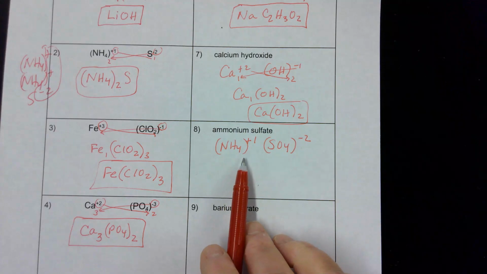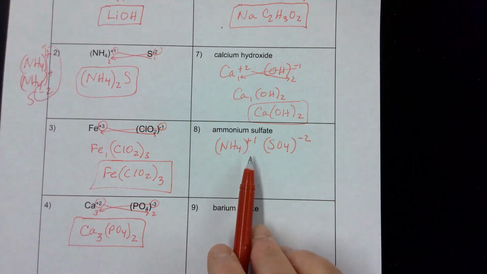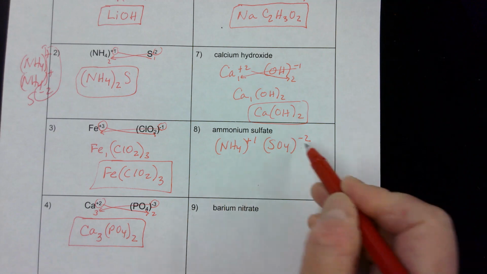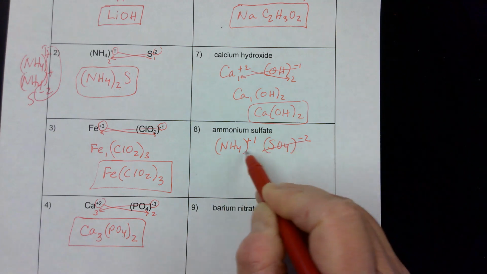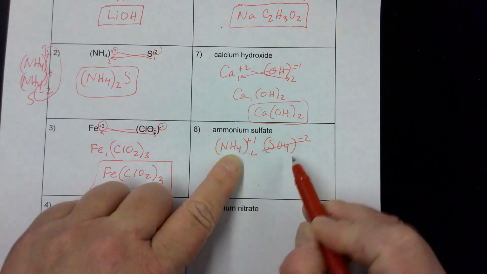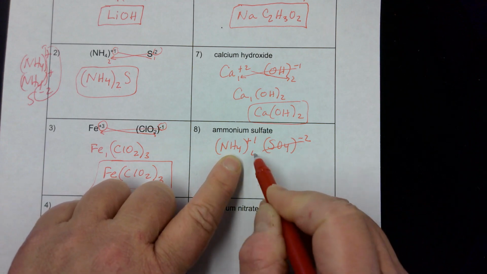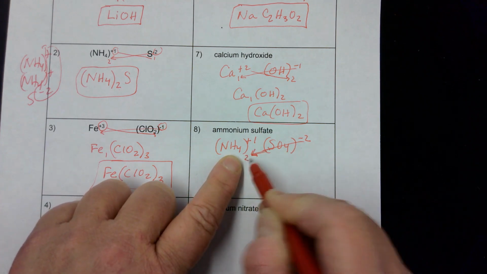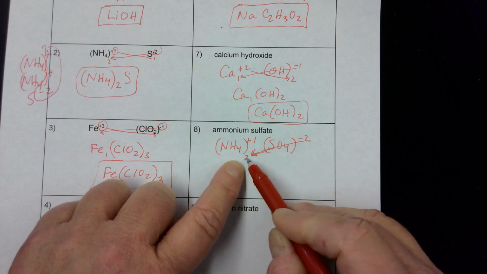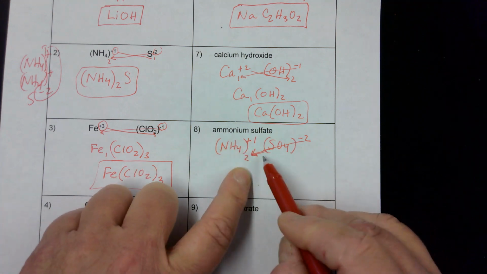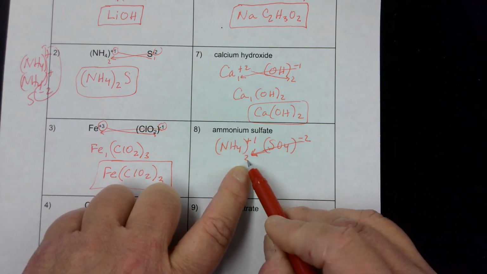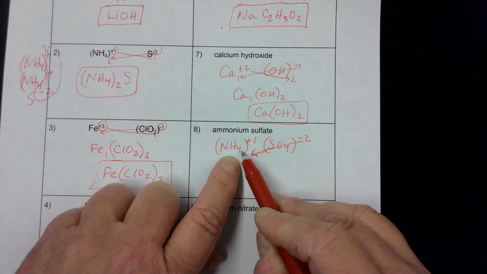Okay, so now we have 2 polyatomic ions in this formula, making it a little more complex, but we can do this. Keeping in mind that we're not changing anything about the subscripts that are inside the parentheses. Those stay as is. We are only bringing subscripts outside of those groups of atoms. So this 2 comes here outside of the NH4.